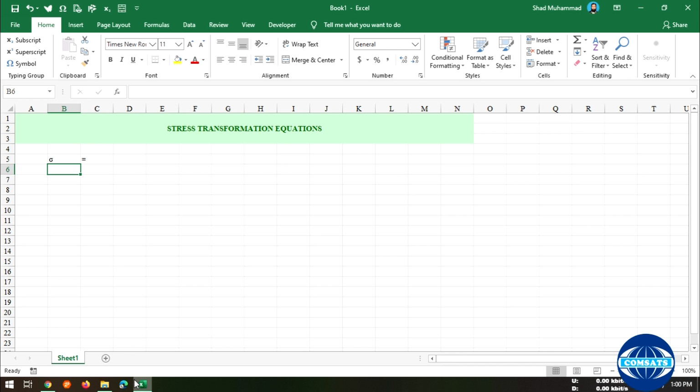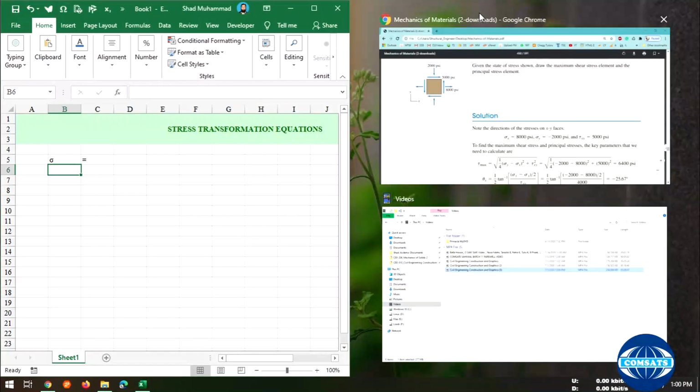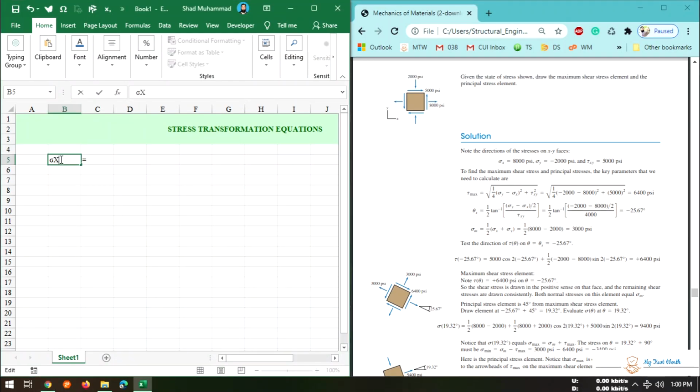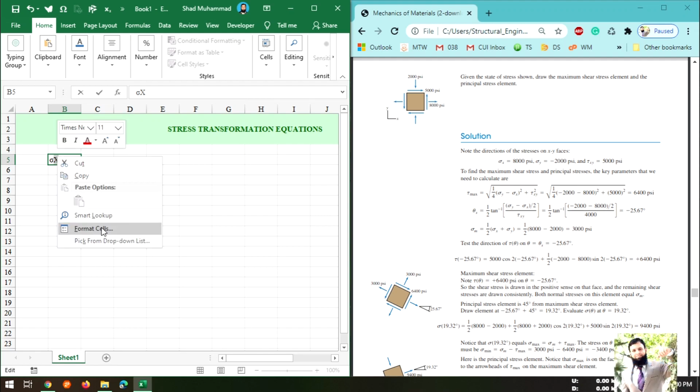And you are going to write equal to, and here should be your sigma x. How are you going to write sigma x? You have to write this, and open font, not this one.